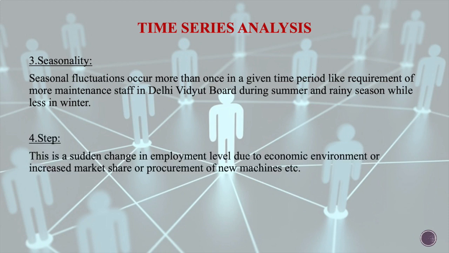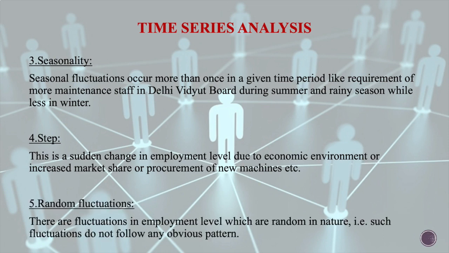Number 4, step. This is a sudden change in employment level due to economic environment or increased market share or procurement of new machines, etc. Number 5, random fluctuations. These are fluctuations in employment level which are basically random in nature. That is, such fluctuations do not follow any obvious pattern.